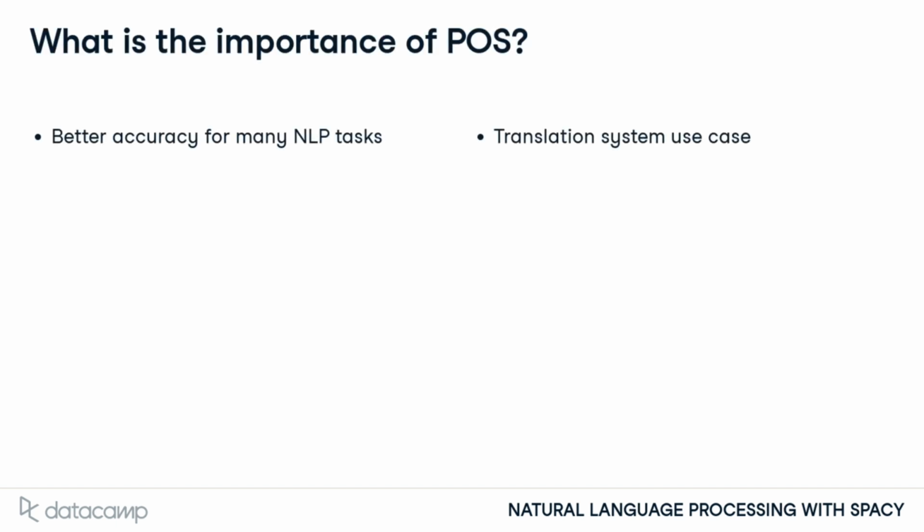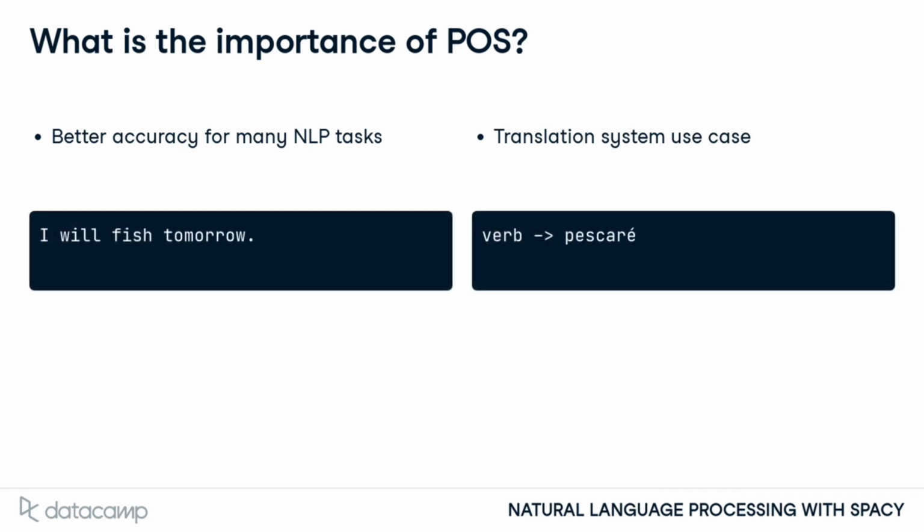Now, the question you might ask is, what is the importance of part-of-speech tags? Many applications need to know the word type for better accuracy. For example, in translation systems, the word fish as a verb and as a noun will map to different words in Spanish.